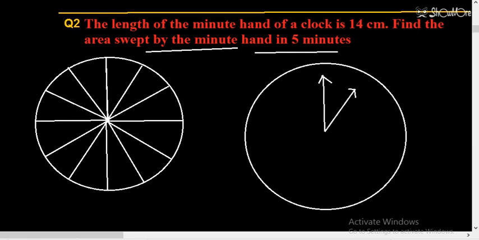So when it will cover in this way, the distance covered by it will be in this way. Wait, control that.